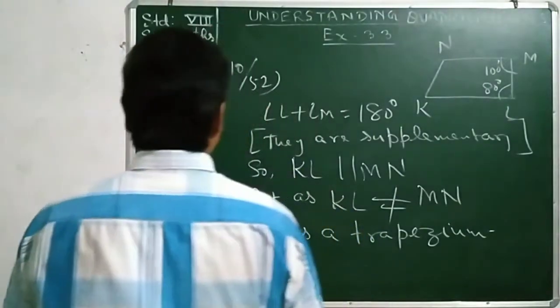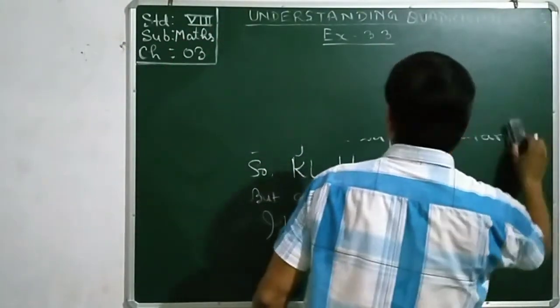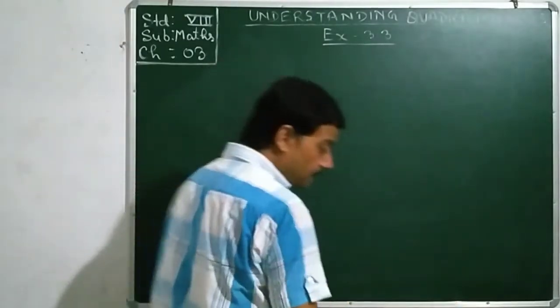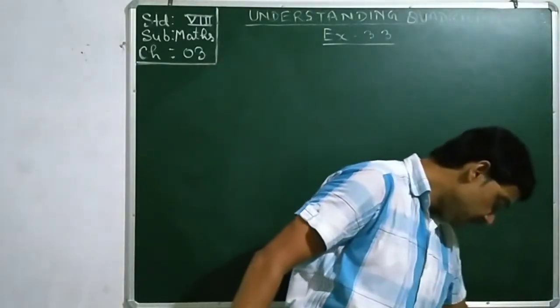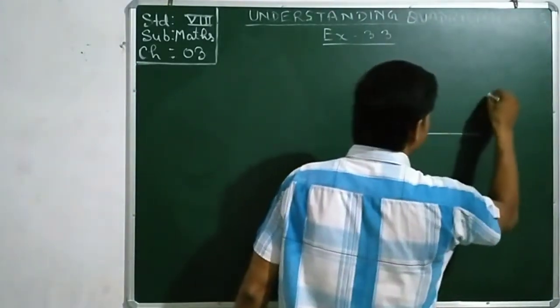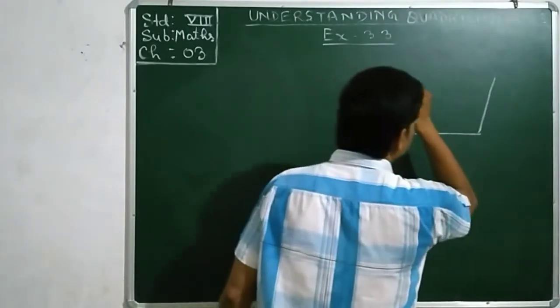Come to the number 11 sum. I think you will find the number 11 sum very simple because the figure is like this.